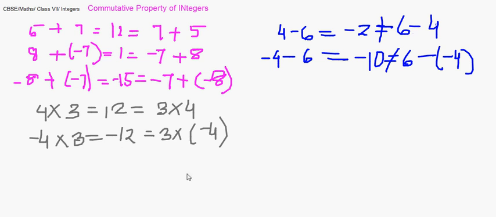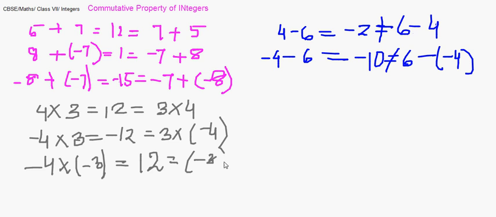Let's multiply two negative numbers, like minus 4 multiplied by minus 3. I'm getting plus 12. Now if I change the sequence, like minus 3 multiplied by minus 4, that will also give the same answer of 12. So under multiplication, we can also change the sequence.